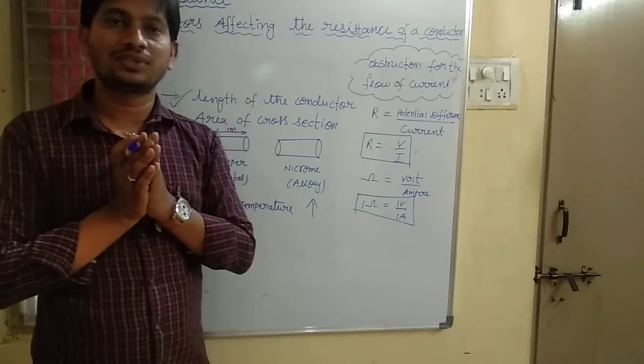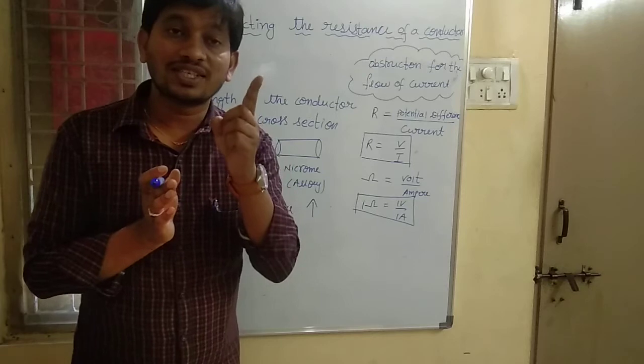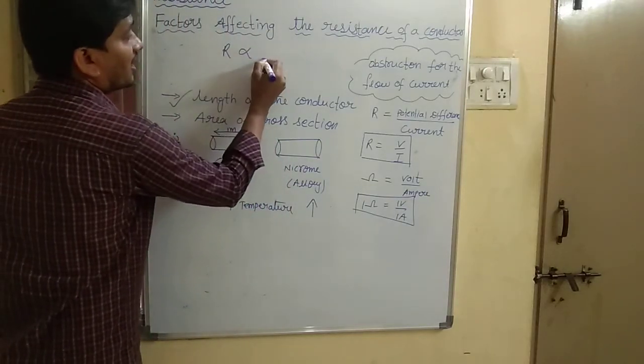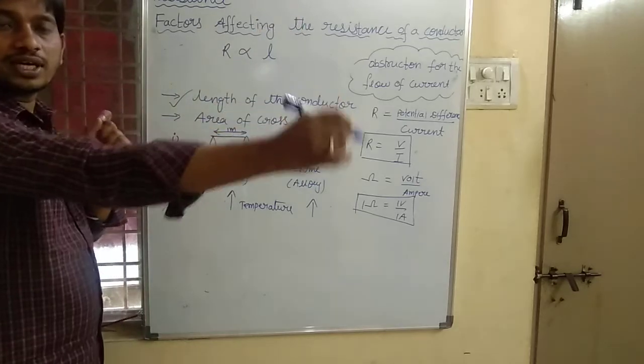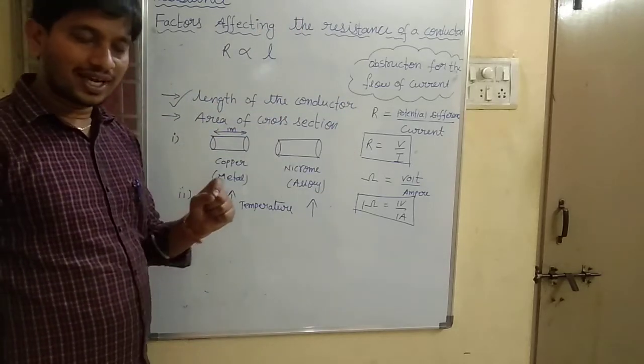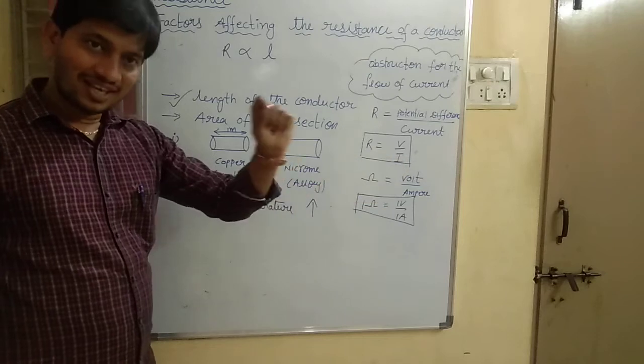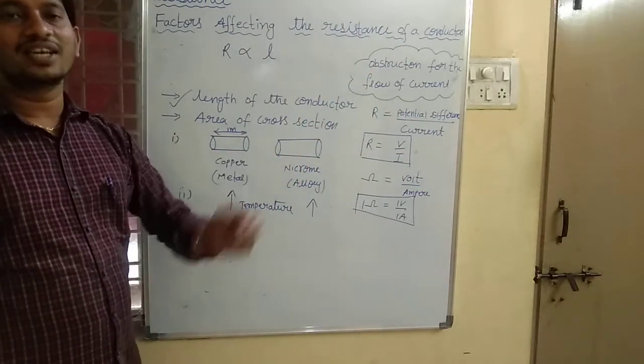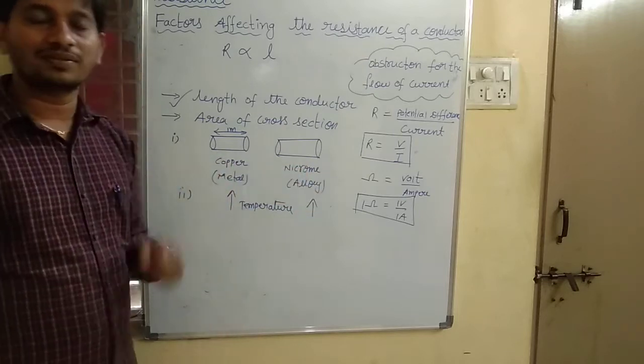Are you understanding? The resistance of a conductor is directly proportional to the length of the conductor. As length increases, resistance increases. As length decreases, resistance decreases.